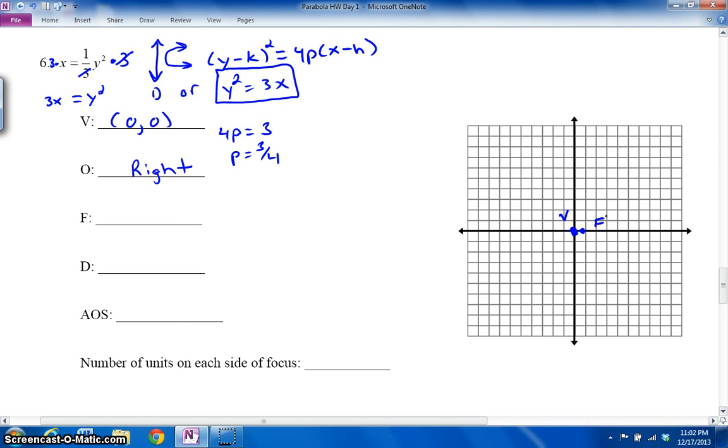Alright, the directrix will be the other direction. Or to make this more visible, since we're going in quarters, let's do this: every 4 is 1 unit.